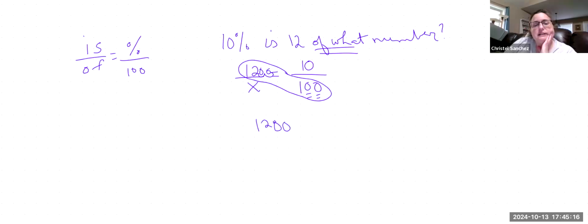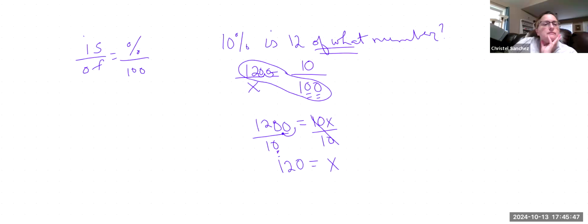And then 10 times x is 10x. So now, to get x by itself, I'm going to divide by 10. And again, if we think about what we just learned, when we're dividing by 10, I have 1 zero, so I'm going to go 1 place to the left. So my answer would be 120. Does that make sense?